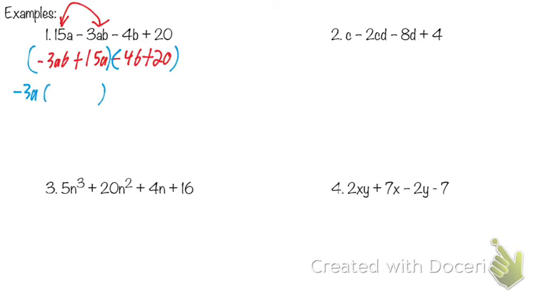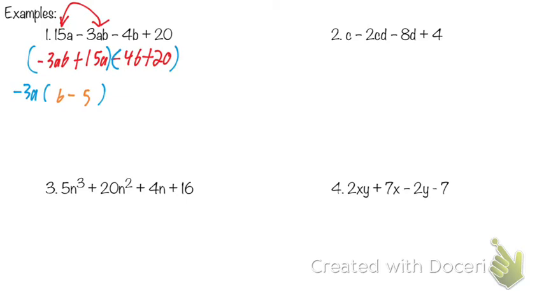And what's going to be left inside that parenthesis? B plus 15. B, not plus, minus 5. B minus 5. We take out a negative 3a of the first parenthesis. We're just left with a positive b. A positive would then become a negative when divided by a negative. And 15 divided by 3 is 5. A divided by a is no a's.